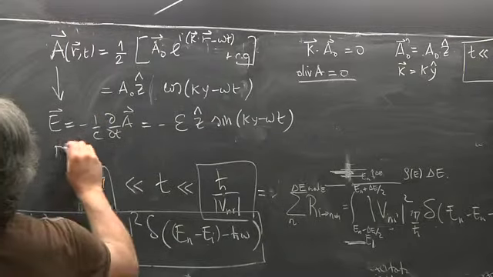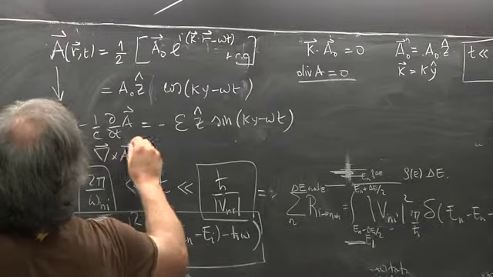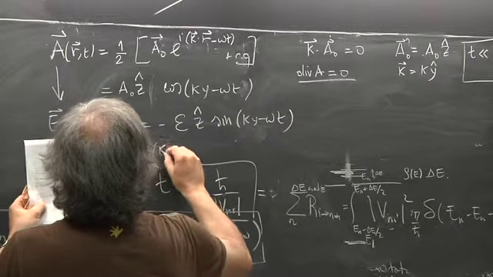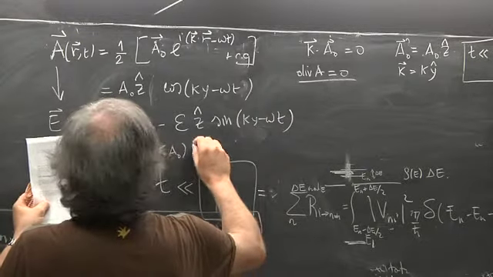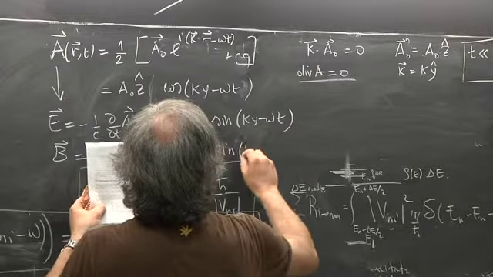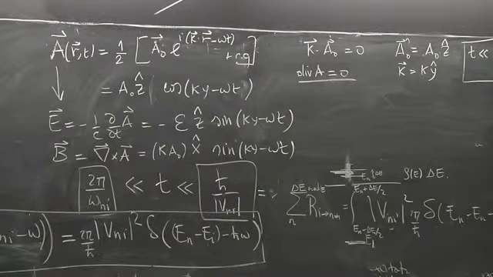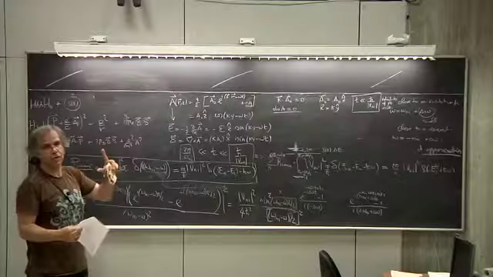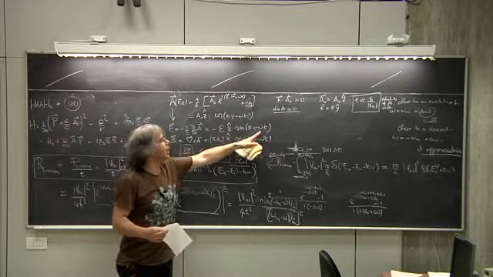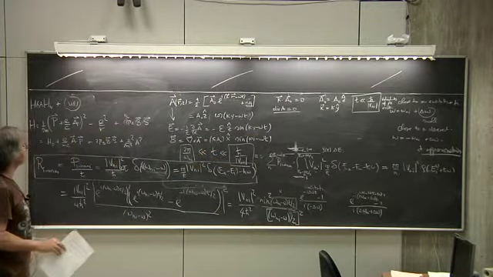Then you can calculate B. B is this time the curl of A. Just calculate the curl, and you will notice that this is equal to k A0 times x this time, and still the sine of ky minus omega t. Okay? So electric and magnetic field are orthogonal, as you expect, and they have a sine of ky minus omega t. Okay, now this is the wave.